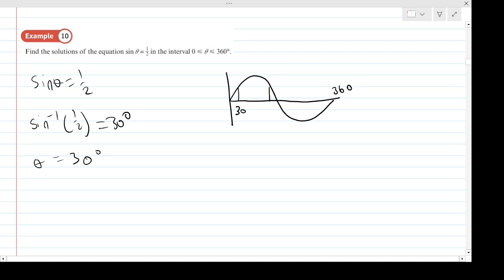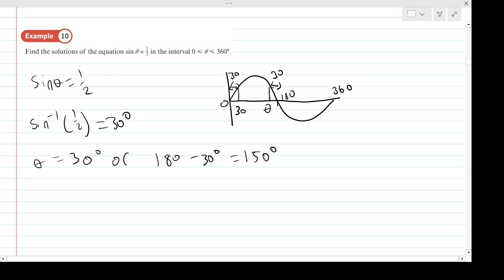Then for this next solution, again, the gap between either end of this curve is going to be the same. The gap between 0 and 30 is 30. And so the gap between this next solution for theta and 180, when the curve goes back to 0, is again 30. So to find the other solution, we do 180 take away 30, which is 150.